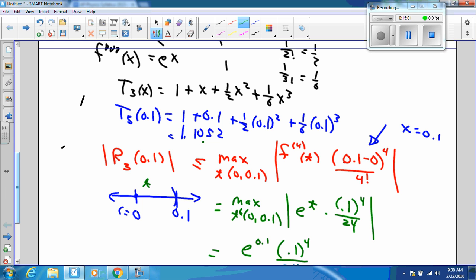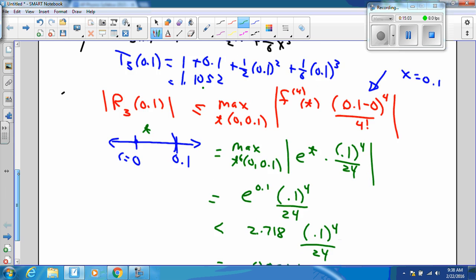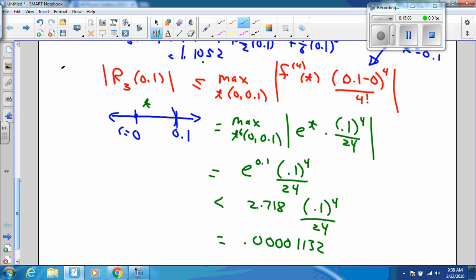Now, keep in mind places where students will mess up. First of all, they will try to plug in x for t, right here. We ended up using t equals x here, but only because we knew that e to the x was an increasing function, and therefore its max is right on the end.